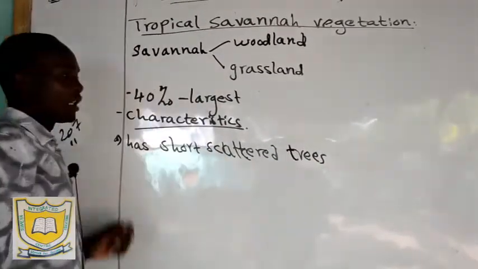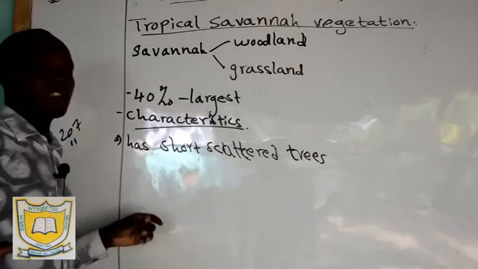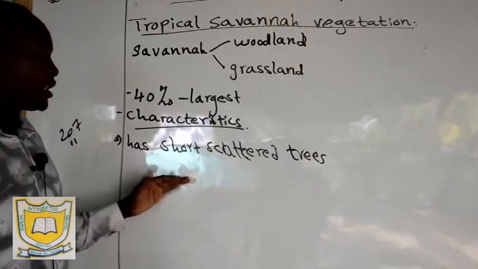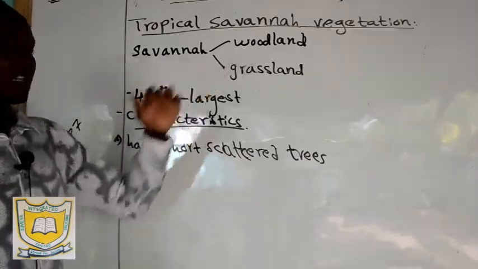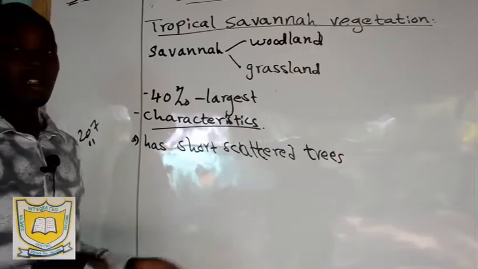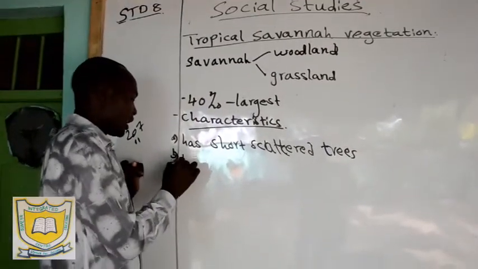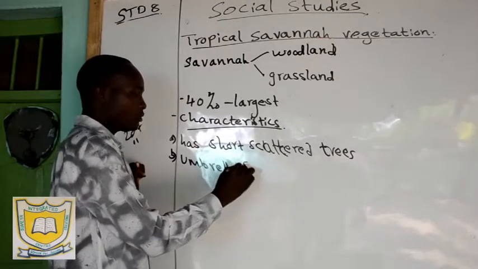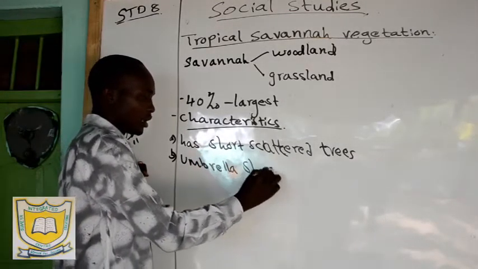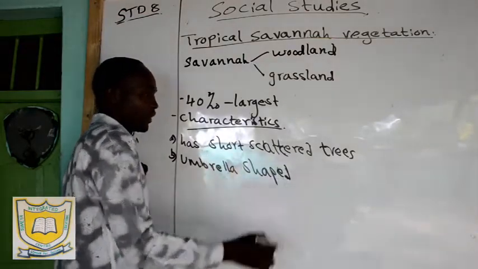When you talk about scattered, we are looking at trees that are found some distance apart. You move some meters away and you find one tree here, and another one some meters away. That's what you call scattered. Then these trees are very short. Also, they are umbrella shaped. They are in the form of an umbrella.